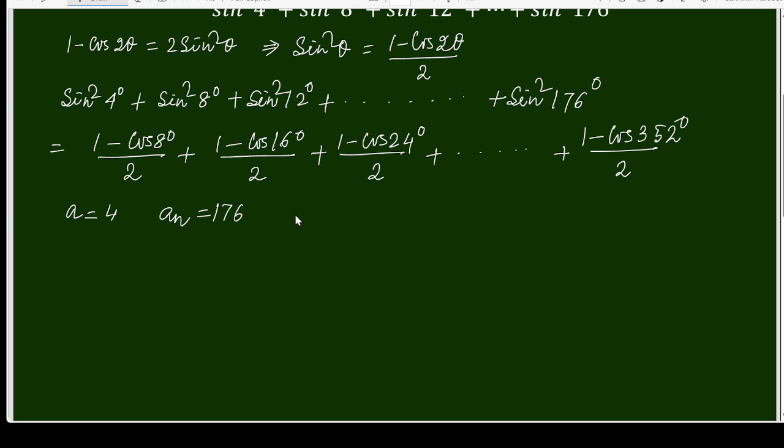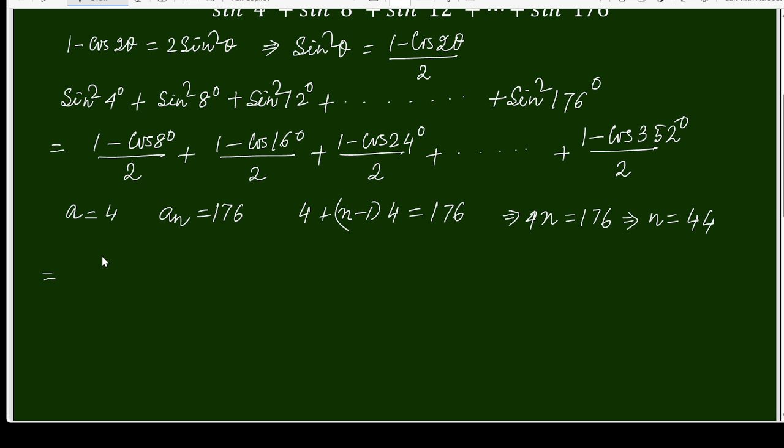That means 4 plus n minus 1 into d, where d is again 4, equals 176, so you are getting 4n equals 176, or n is equal to 44. So 44 times I'll get half.